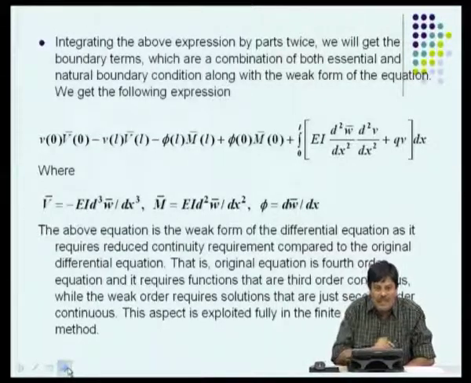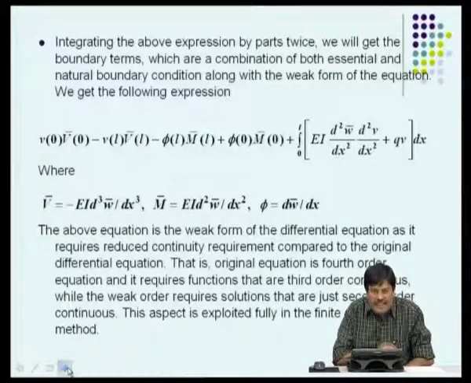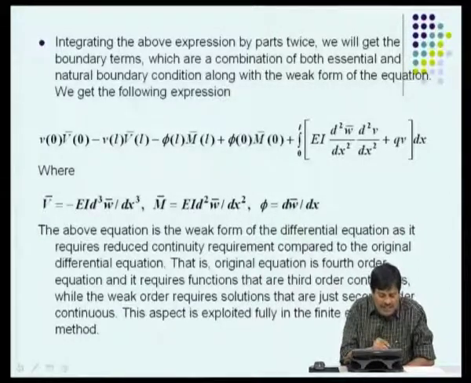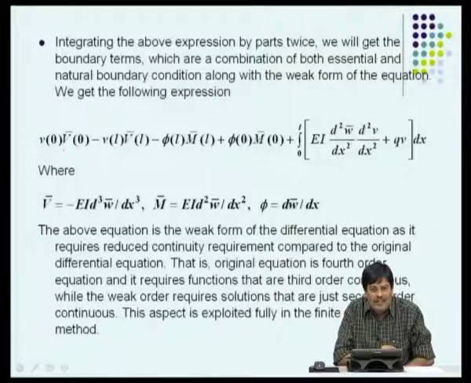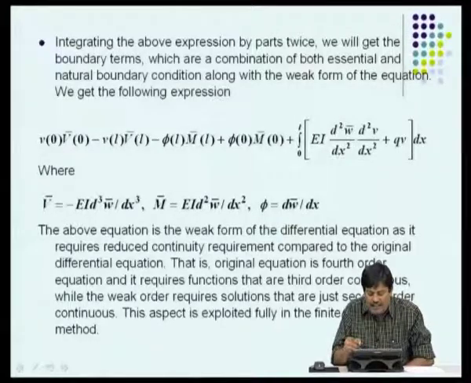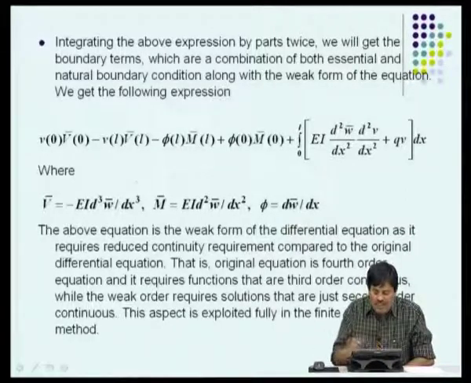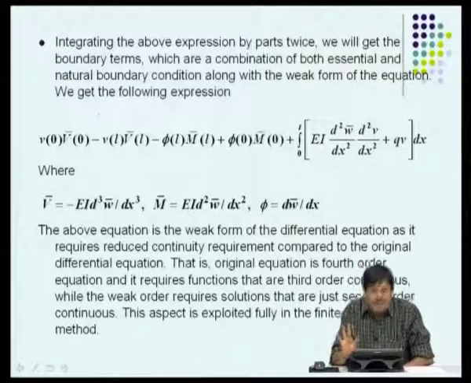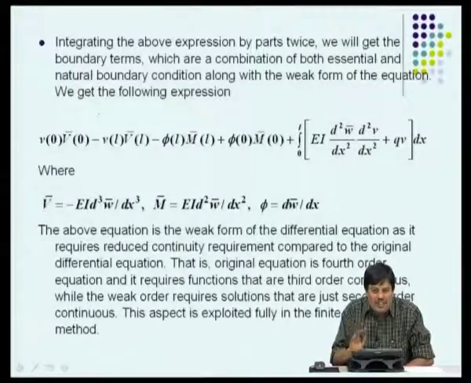We have done this many times, we will not do this again here. So, we will get a set of terms where V bar is the shear force, M bar is the moment at this location, and you have a test function W and V here. So, this in general is the weak form of the solution, and this is the starting point.